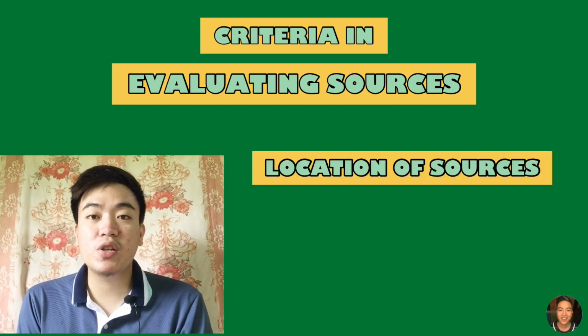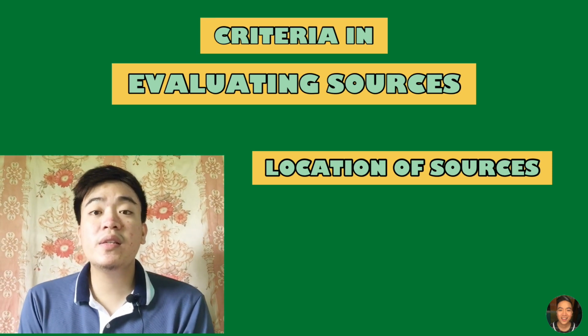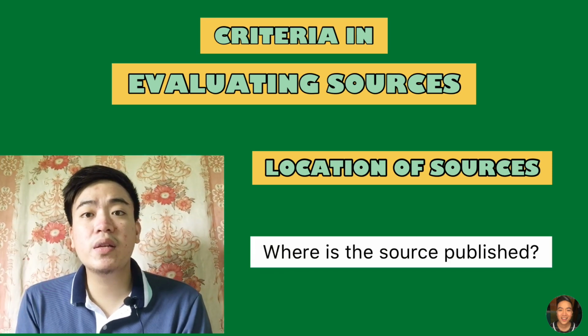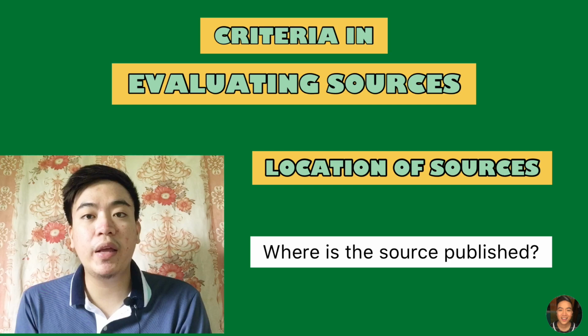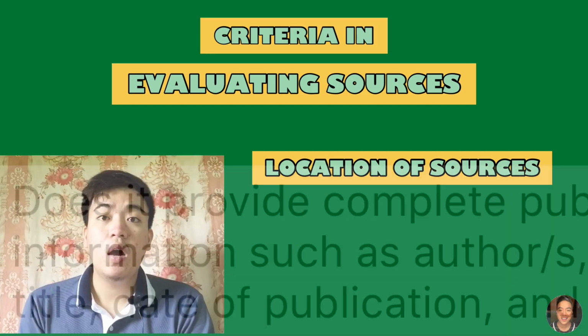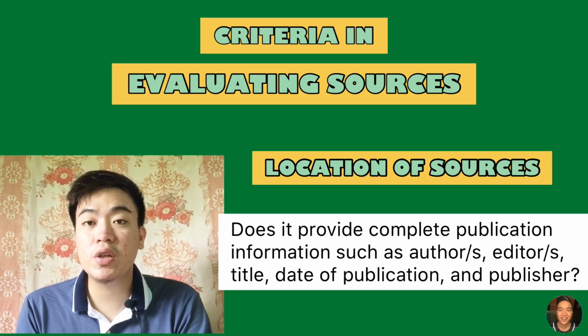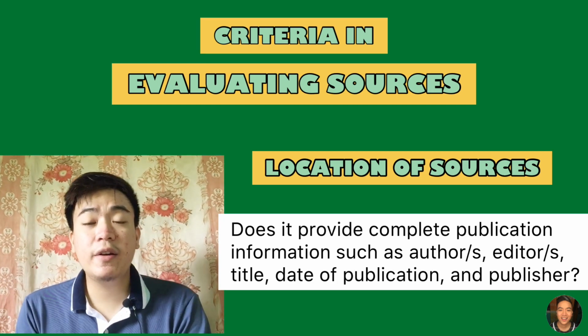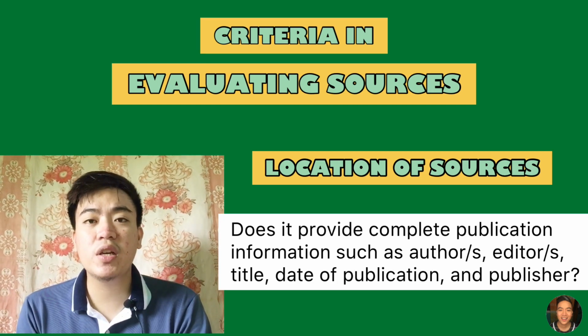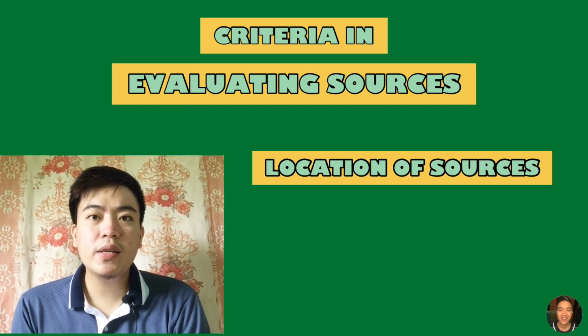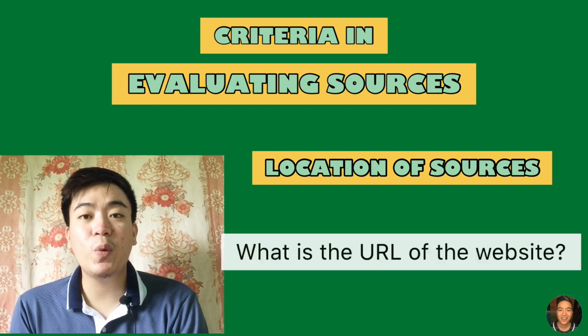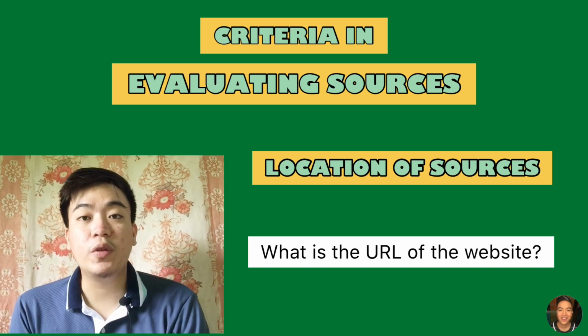Lastly, we have location of sources. Here, it is important to identify where the source is published. Is it published digitally or in print? Also, check if it provides complete publication information such as authors, editors, title, date of publication, and publisher. Also, it is important to check the URL of the website.